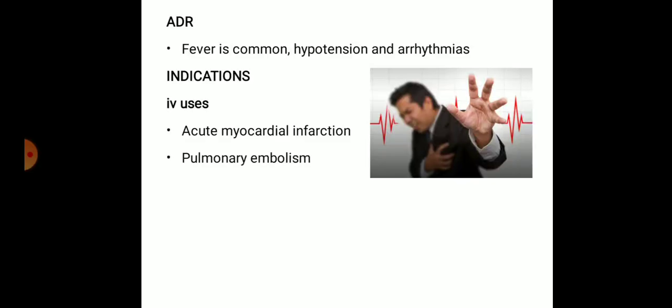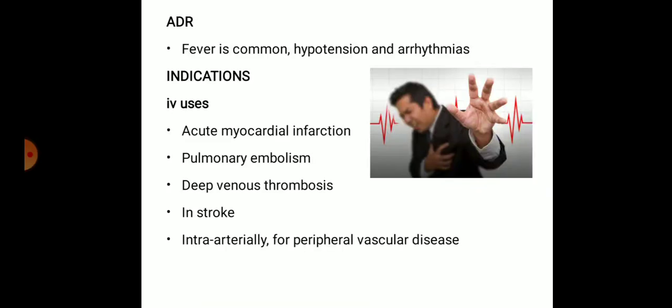It can be given for pulmonary embolism, deep vein thrombosis treatment, and in stroke patients, which are all due to clot formation. Although the above 4 uses are by IV route, it can be given intra-arterially for peripheral vascular diseases.